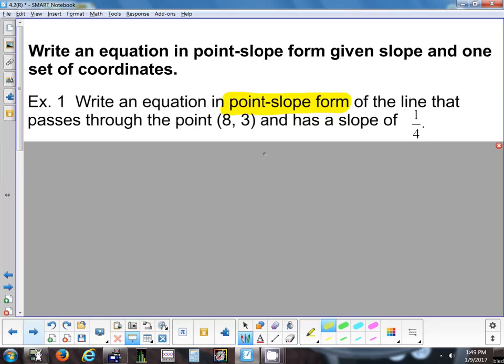This is point-slope. They tell us a point. If they're going to make us do point-slope, they've got to give us a point, and they also got to give me the slope, and they do. Those two things are the important things, the point and the slope.